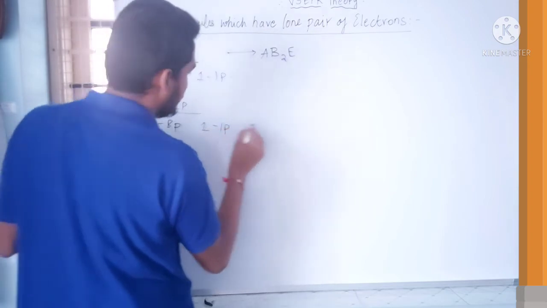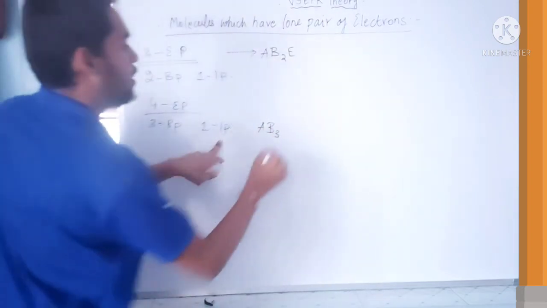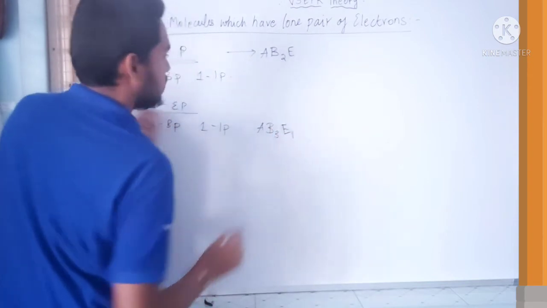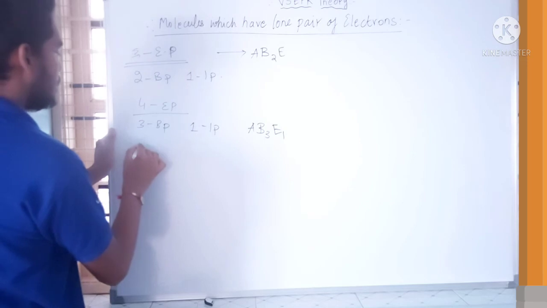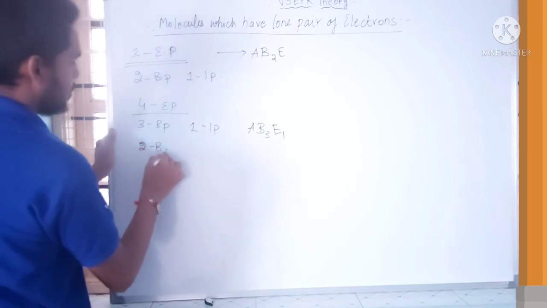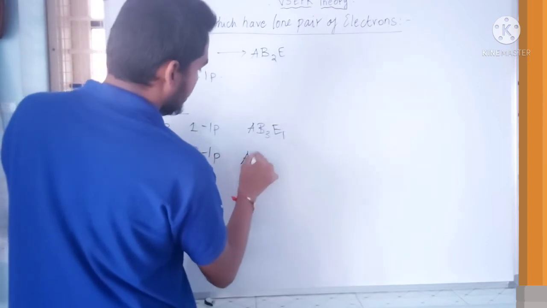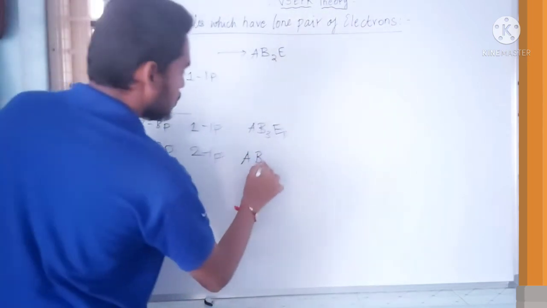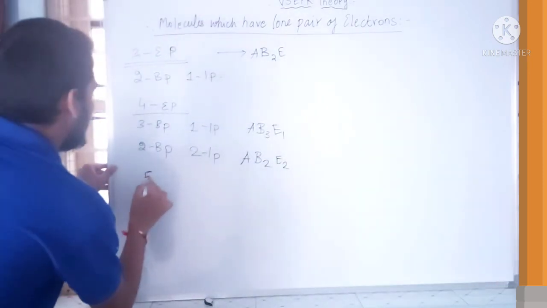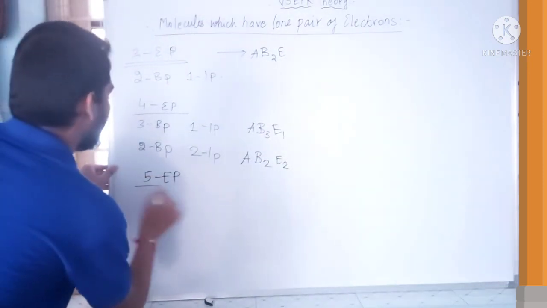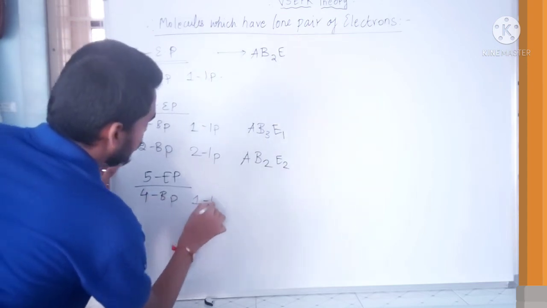I can write it in this way: AB3E1. And if there are 2 bonded pairs and 2 lone pairs, then I can write AB2E2. If there are 5 electron pairs, then there are 4 bonded pairs and 1 lone pair.